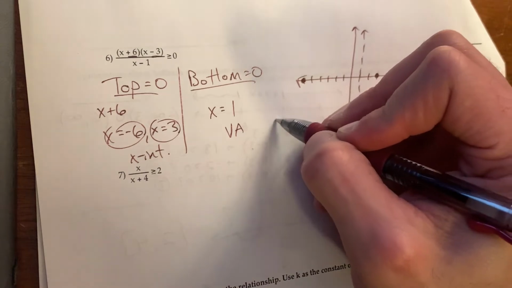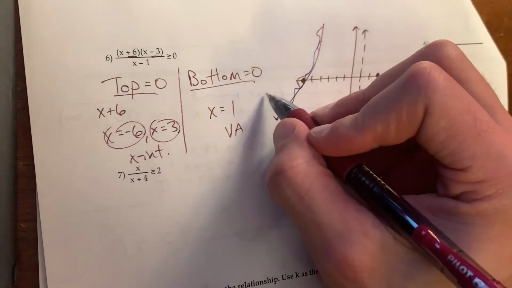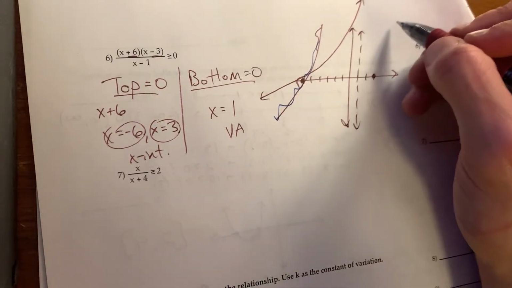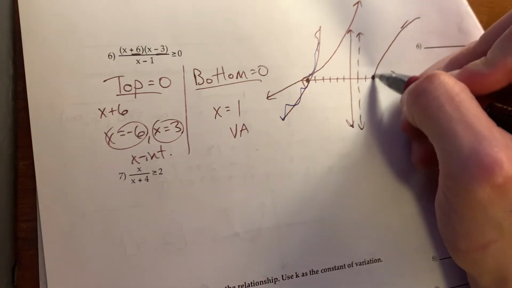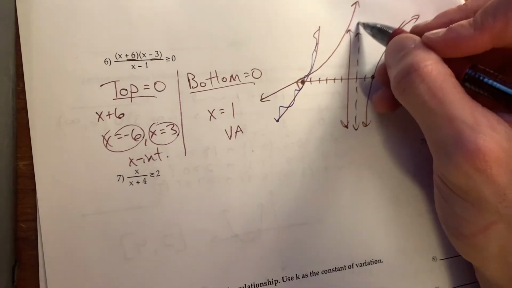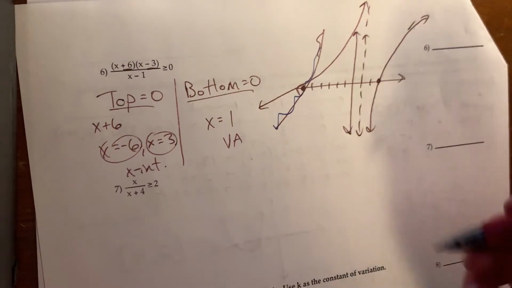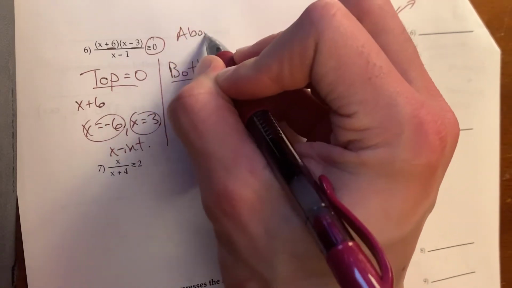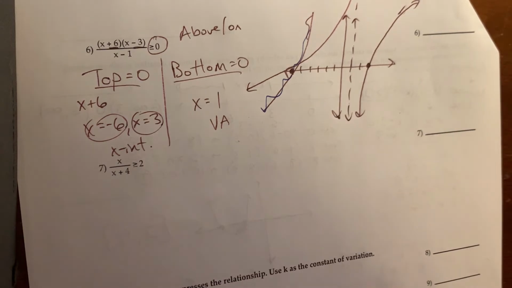It would end up looking something like this: this first curve would become way out, more like this, and then this would come more like that, both hugging that vertical asymptote. And what we're wondering is when is this above or on the x-axis? So when is it above?